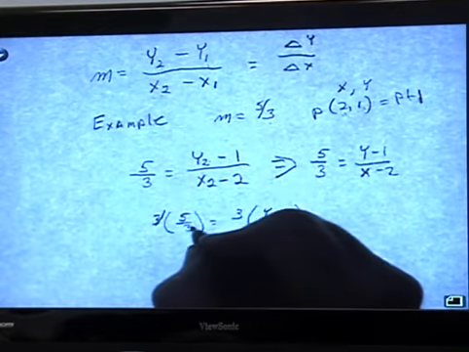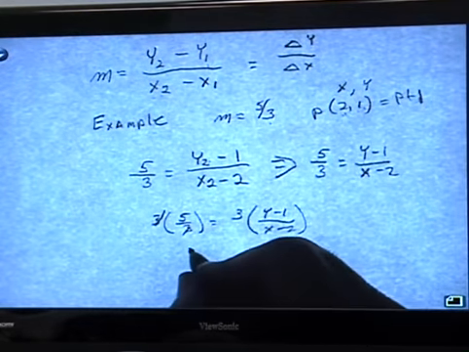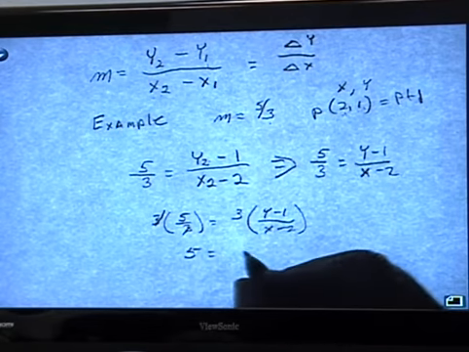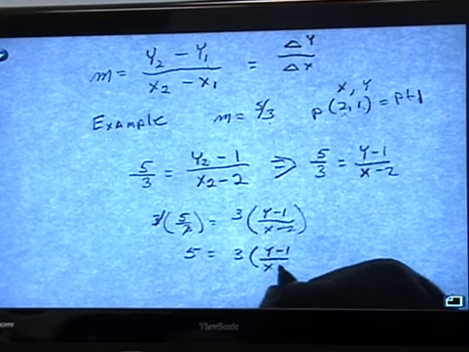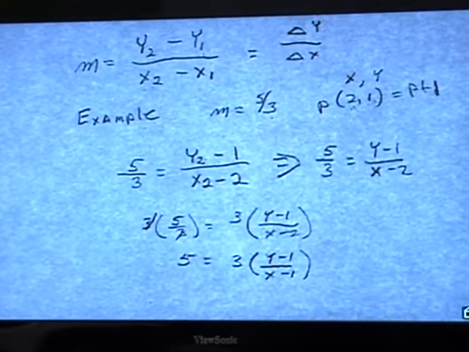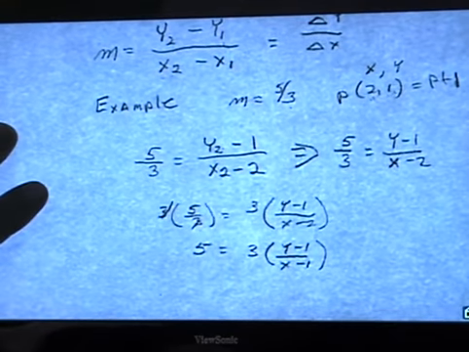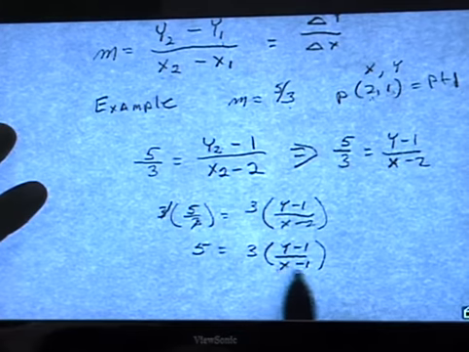This cancels, and we get 5 equals 3 times y minus 1 over x minus 2. Let's get rid of this fraction here.